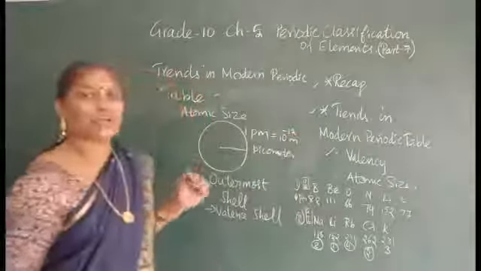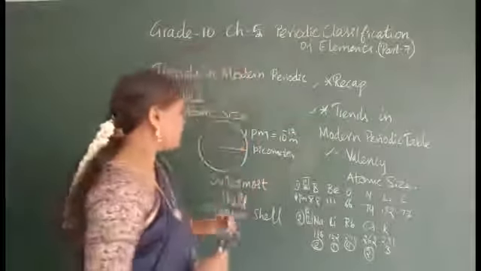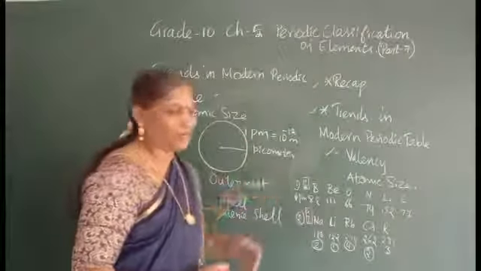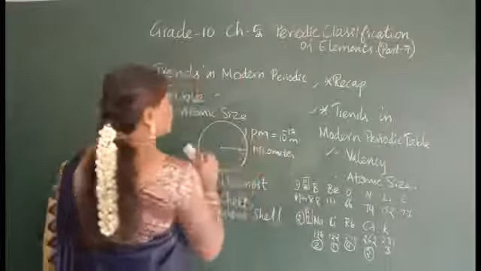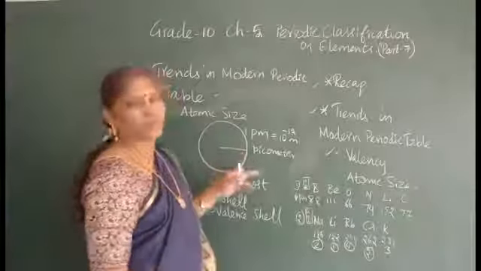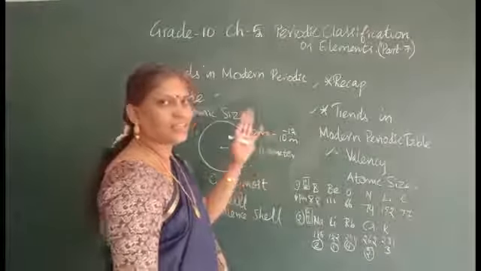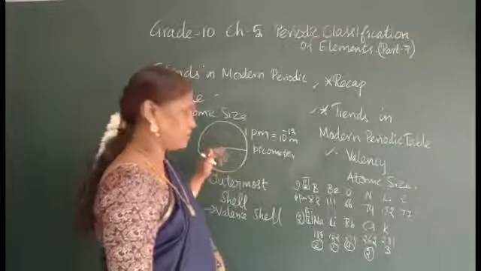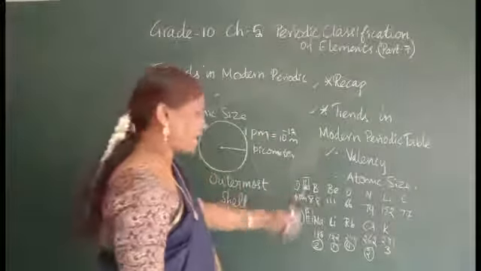That is the unit of atomic radius. This we have to determine, and how they have arranged it we are going to see now. So atomic size is the distance between the nucleus and the outermost shell, called the atomic radius.